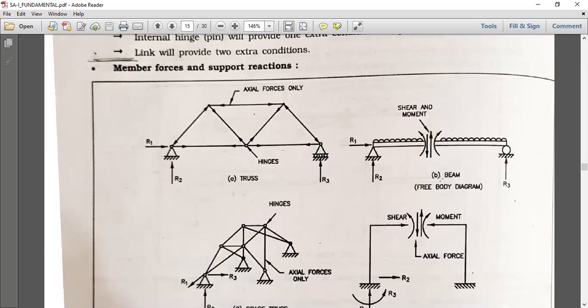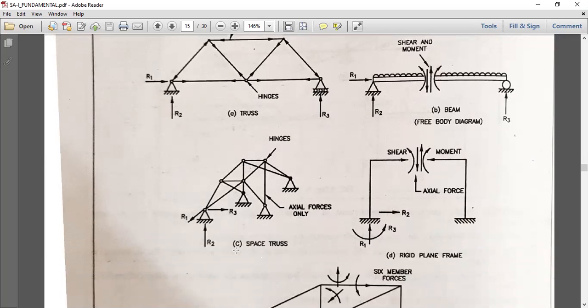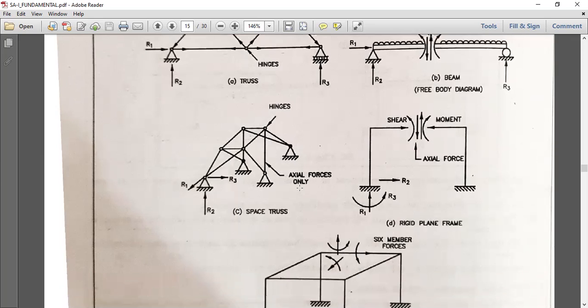For beam, roller support one reaction, simply supported two reactions. For space truss, there are n number of supports, 1, 2, 3, 4, all simply supported, 1, 2, 3 each.